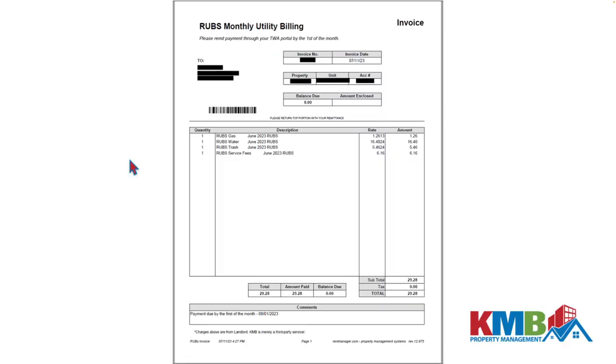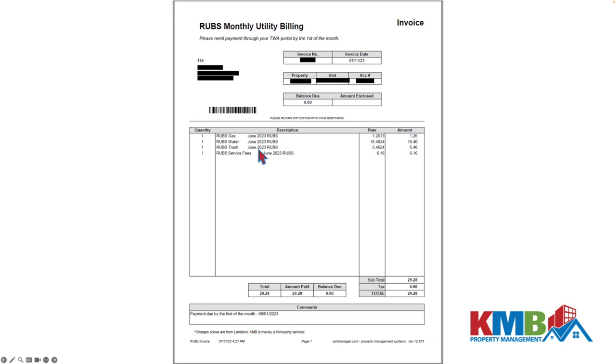So we're going to look at this invoice and find out when this is actually due. This is what the invoices will look like. In the top left, you're going to have your name and address, your invoice number, and your invoice date. Then we've got property and unit and account number, balance due, amount enclosed. Under description, we've got a breakdown of the four charges.